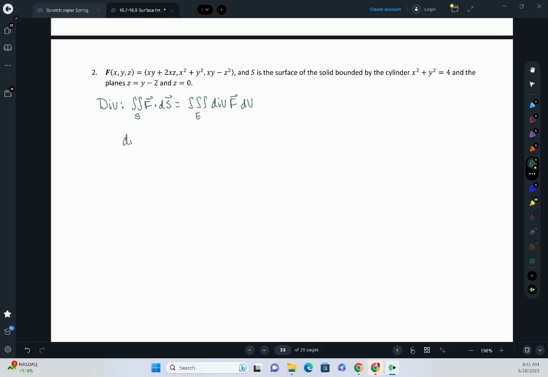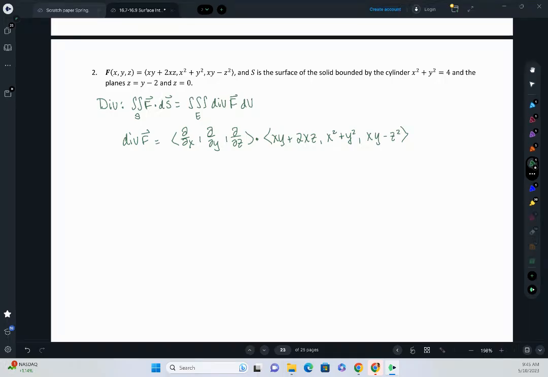So the divergence of F, we're looking at the vector del del x, del del y, and del del z, dotted with our F vector that has components xy plus 2xz, x squared plus y squared, and xy minus z squared.